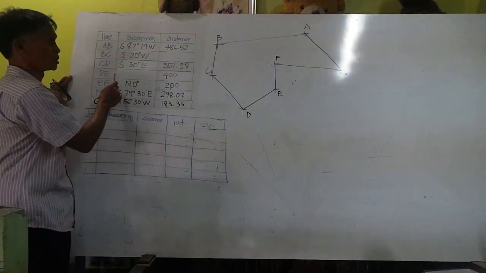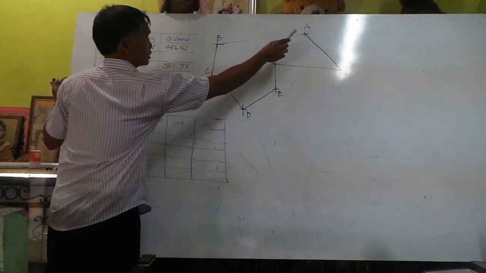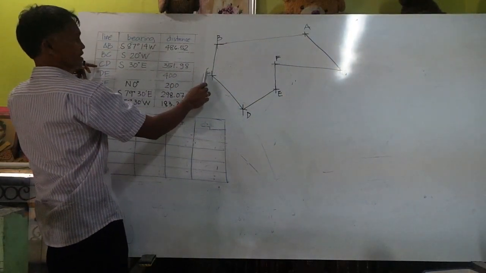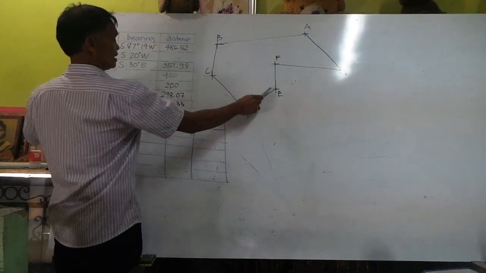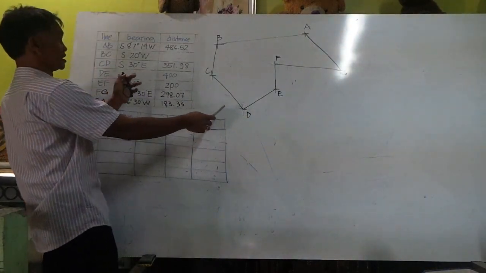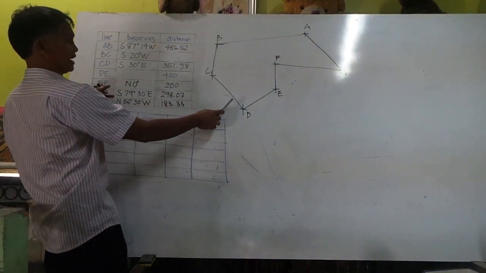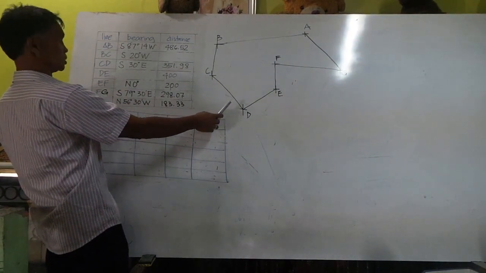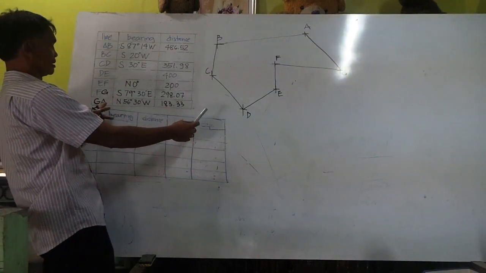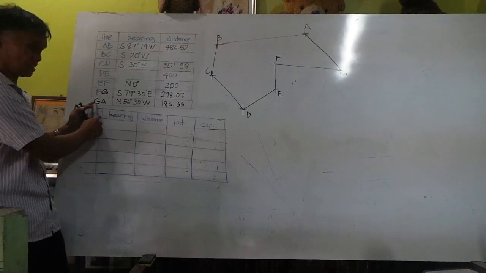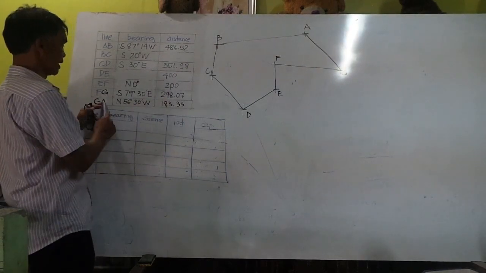For example, you sketch AB, then BC, then CD. Now, when you sketch DE, you cannot sketch it because there is no such bearing. So you just go directly to EF or to GA. Instead of GA, you use the back bearing AG, so you start from A to G.